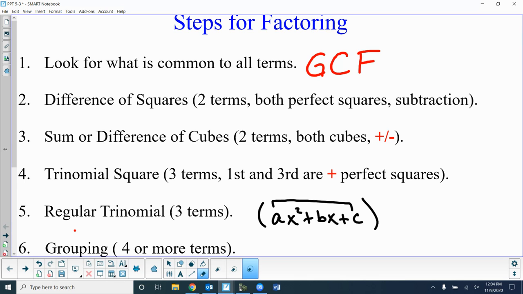Okay, so you had to tell me if it's a min or a max, what that min or max value was, domain and range, right? You didn't have to do any of the other stuff. So number 8 was a minimum value because it opened up, because our A value was positive, and that minimum value is -1.